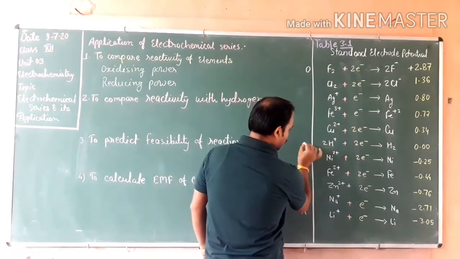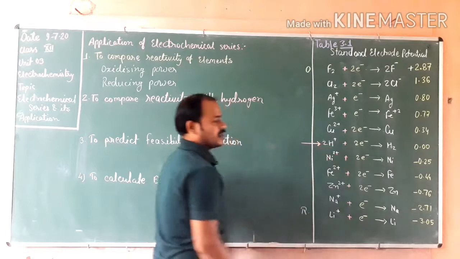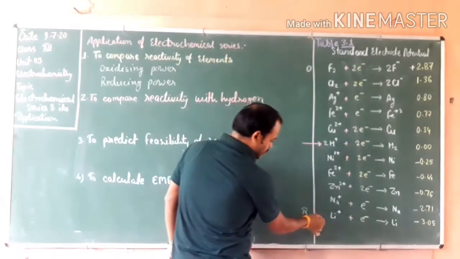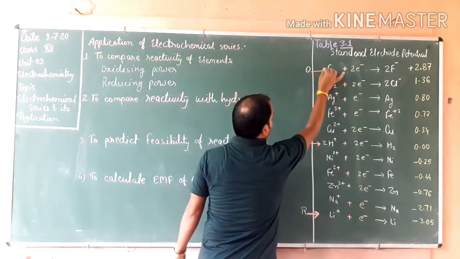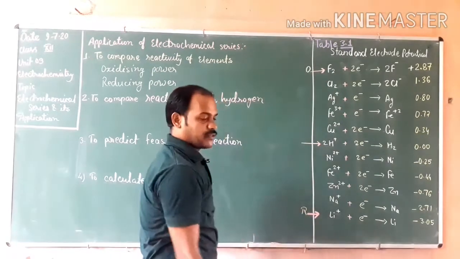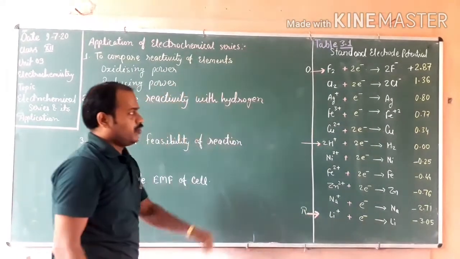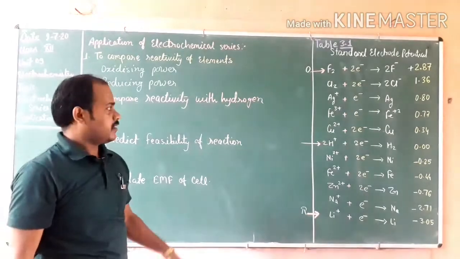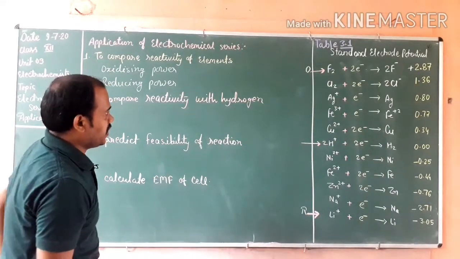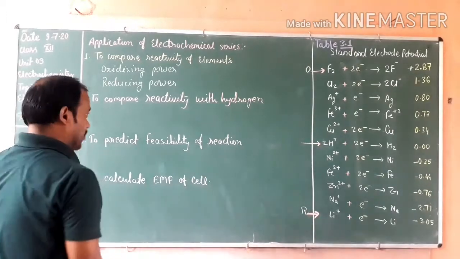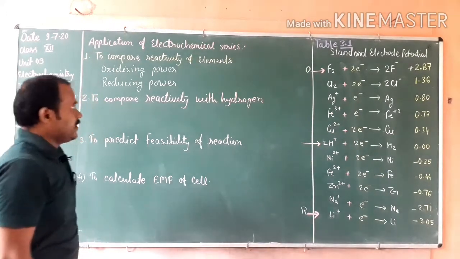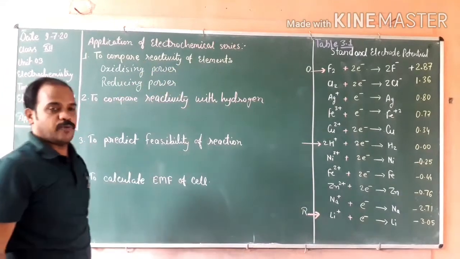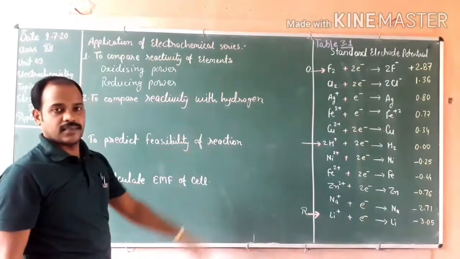First is hydrogen, this one is 0, lithium is negative, and fluorine has positive electrode potential. So we have 3 types of electrode potential: positive, zero, and negative. So now see how we can use this electrochemical series.